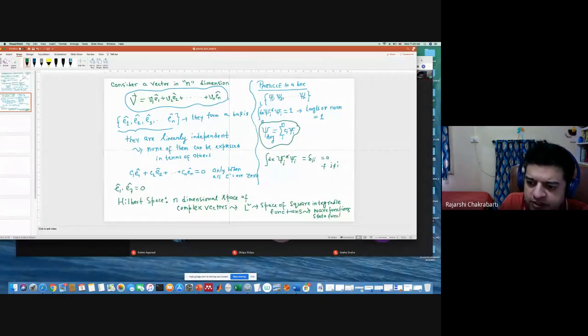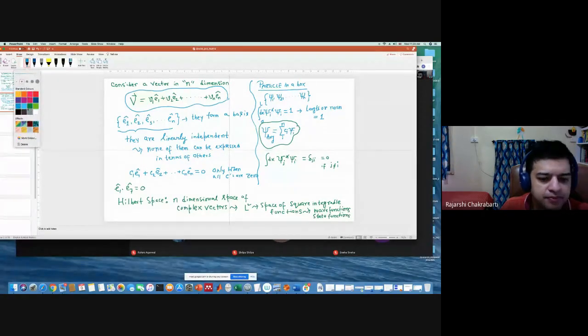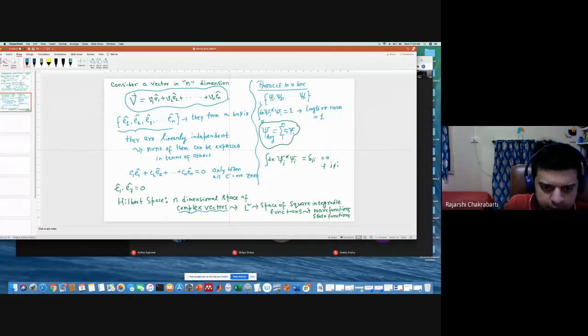And these wave functions actually belong to an n-dimensional space. Why am I saying complex vectors? Because in general this wave function could be complex. Wave functions may be complex, no?